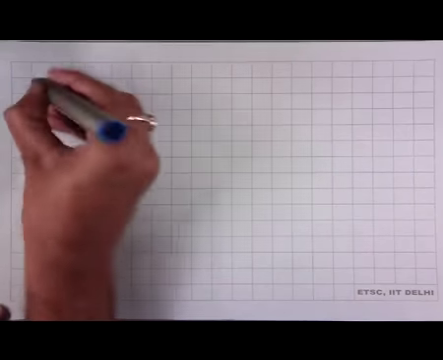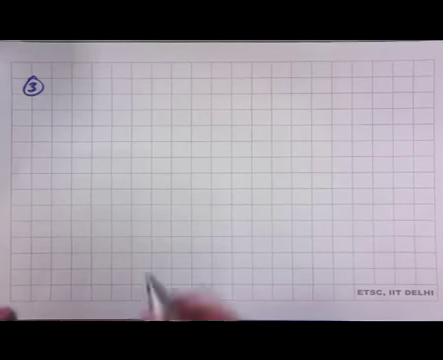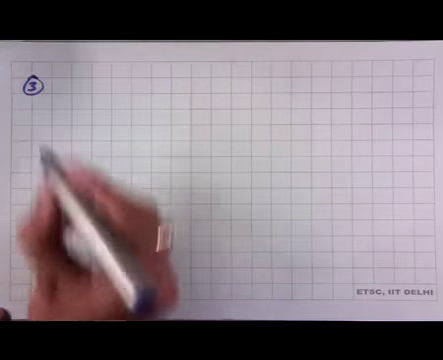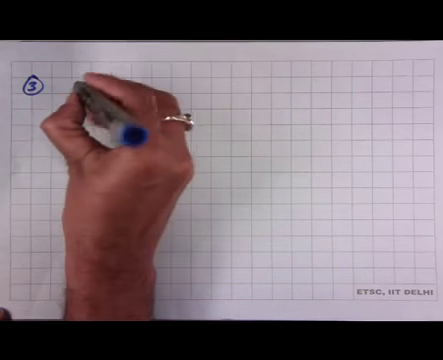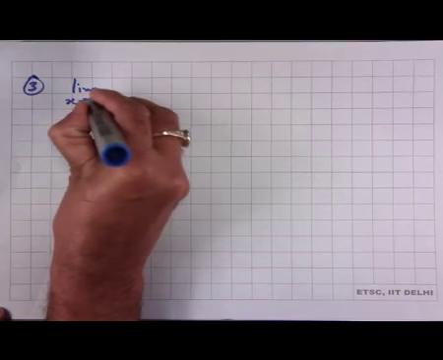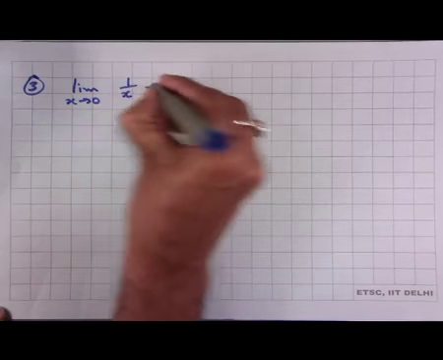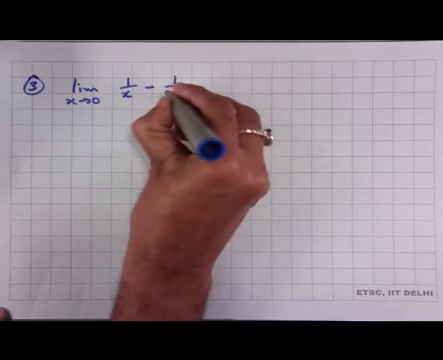Let us try to see an example where we have a limit of the form infinity minus infinity. Let us try to calculate the limit as x goes to 0 of 1 by x minus 1 by sin x.